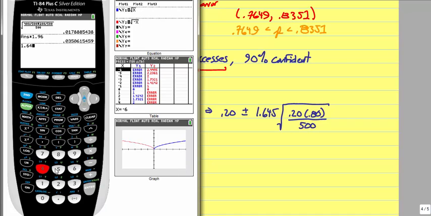So I'll calculate this all in one big step now. 1.645 times the square root, and this time I'm not going to use my nice fraction button just in case you don't have one, so you can see how to work this. 0.2 times 0.8 divided by 500. So I get 0.0294. Let's go ahead and round this to 4 places. 0.0294.